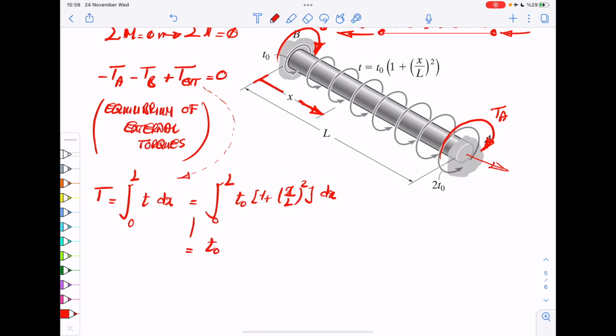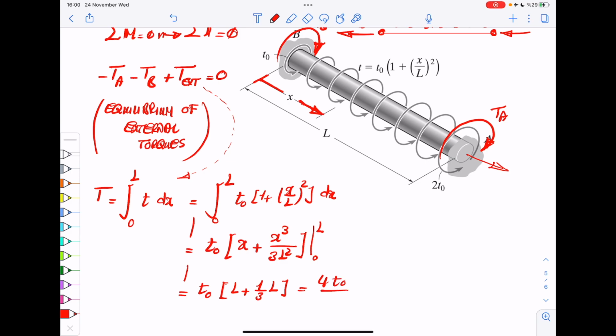So this would be T0 times x plus x cubed divided by 3 L squared, right? And this is from 0 to L. Obviously, at 0, you just get 0. So at L, you get T0 times L plus L cubed divided by 3 L squared. That's 1 over 3 L. So that's 4 T0 L divided by 3.